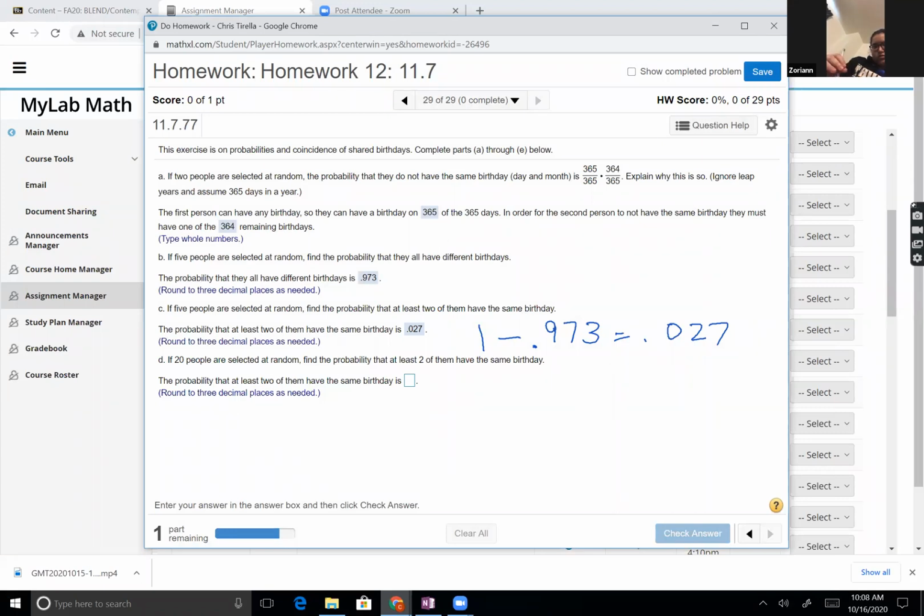For 20 people, find the probability that at least 2 of them have the same birthday. What you're going to do is the same work that we did up here for 5, except instead of multiplying 5 numbers and dividing by 365 to the 5th, we'll multiply together 20 numbers and divide by 365 to the 20th, and subtract that from 1.